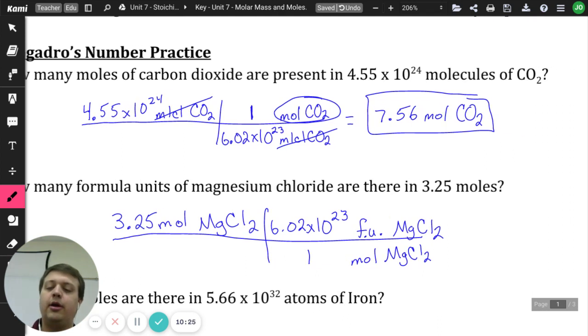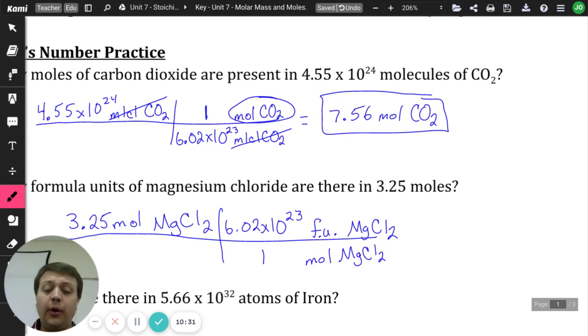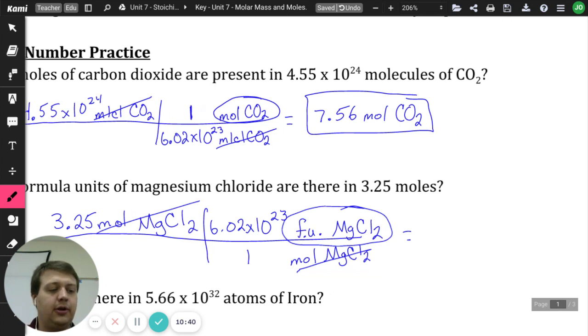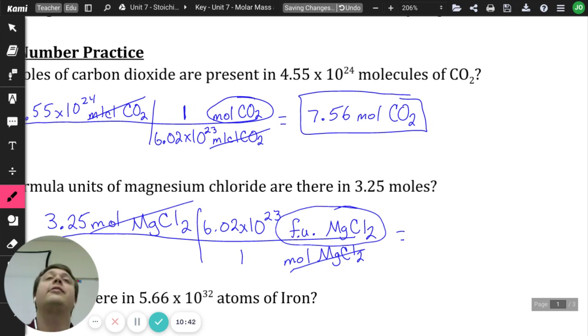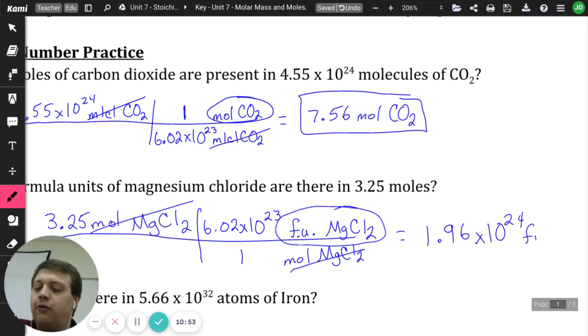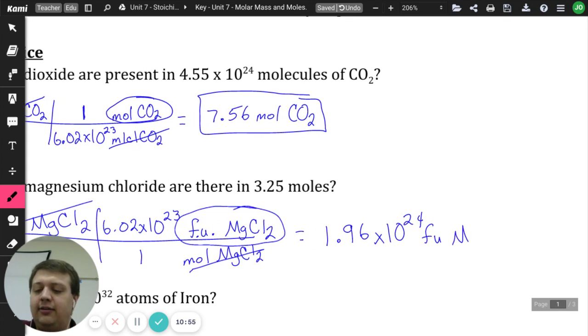Okay? So a hint that I will give you is you're always going to put the 1 by that mole. Okay? All right. Well, I canceled out my moles, and I'm solving for formula units. So since that is what I'm looking for, I can go ahead and solve. So I would do 3.25 times 6.02 times 10 to the 23rd divided by 1. We'll get 1.96 times 10 to the 24th formula units of magnesium chloride.